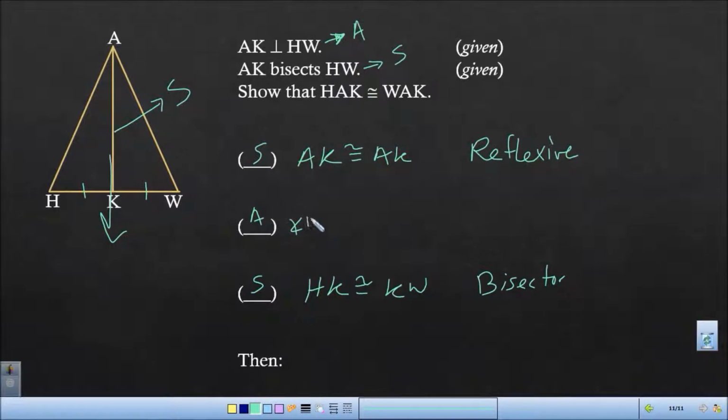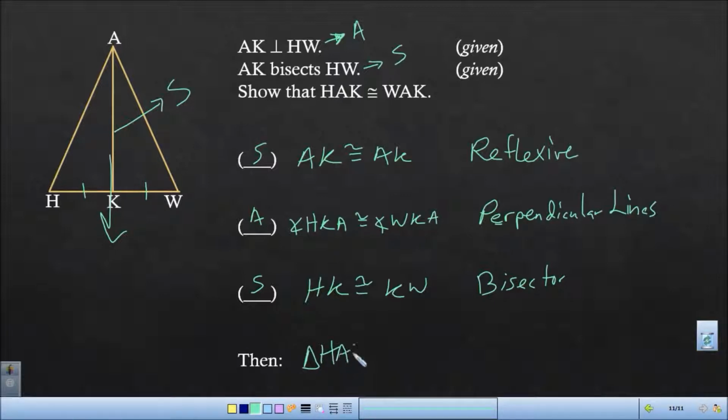So angle HKA is congruent to angle WKA, all right, because perpendicular. All right, so then triangle HAK is congruent to triangle WAK by the side angle side theorem.